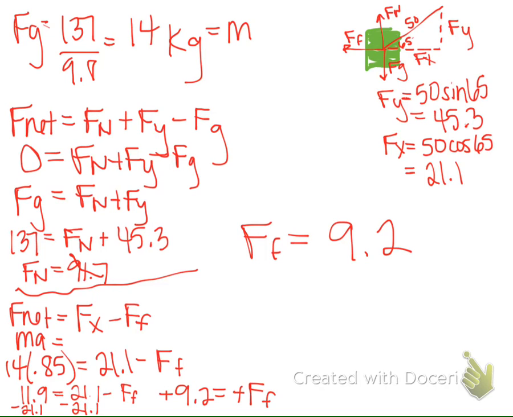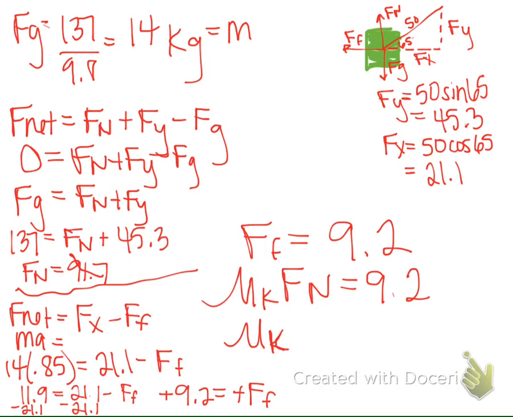Now we can go back to our force of friction equation and substitute in mu k times normal force equals 9.2. We substitute normal force in. We solve that to be 91.7. And we're going to divide which of those two? 9.2 divided by 91.7.